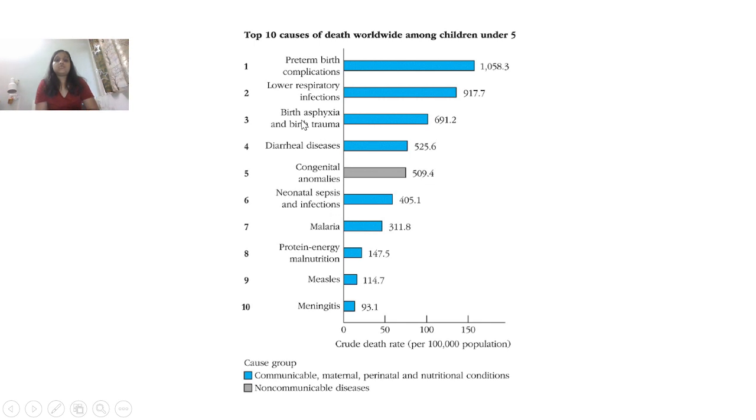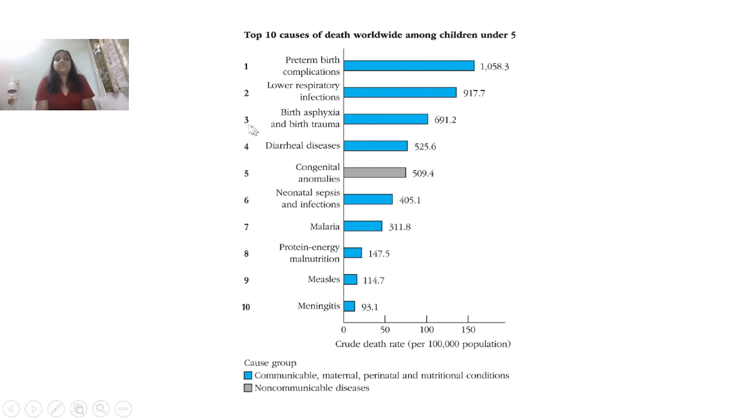Preterm birth complication means that before birth there can be different types of complications with the mother, with the position of the baby, or other complications. Lower respiratory infection is mainly caused by the viruses which we see.